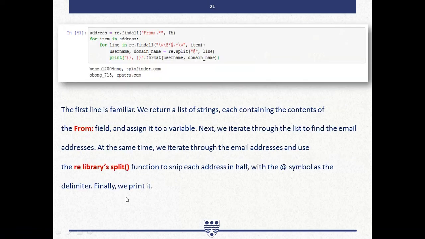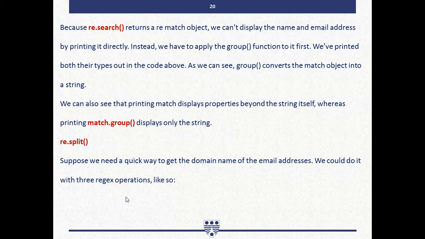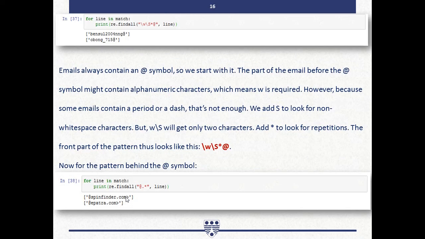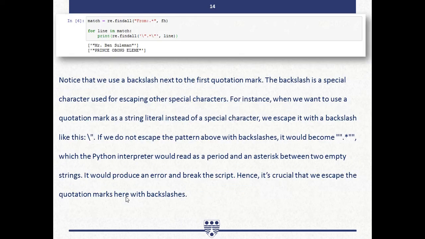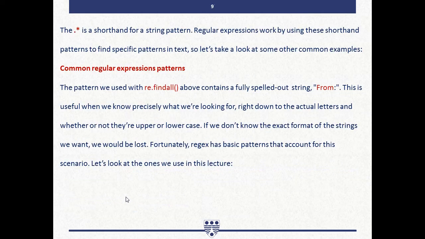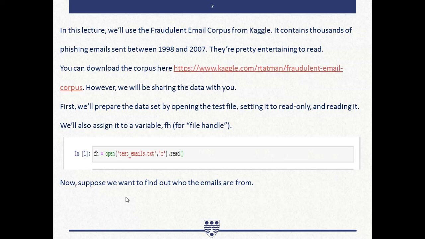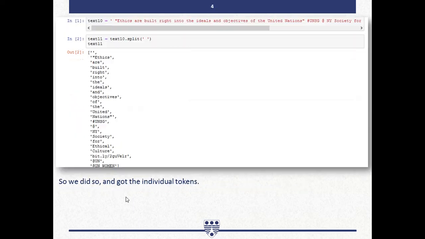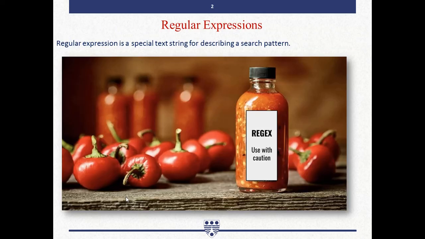Okay, good. Now let's recap what we've done previously, so we have a clear idea of what we did today. So the first thing we did was to understand what regular expressions is. Okay, we understood that regular expression is used to identify patterns in text.